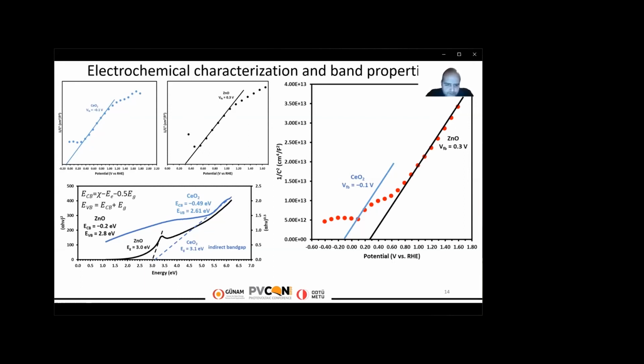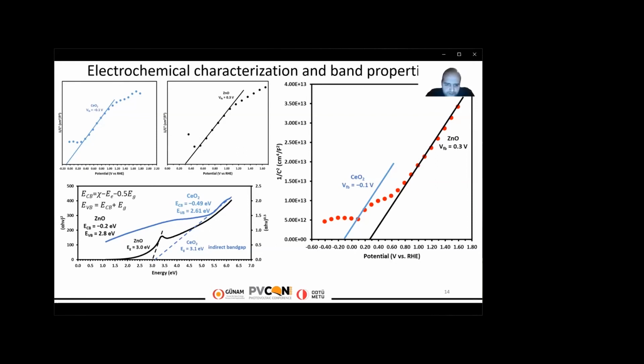The band gap of zinc oxide is found to be 3 electron volts and cerium oxide 3.1 electron volts. And we used the Mulliken electronegativity equation to calculate conduction and valence band energies of the particles. The conduction band energy for zinc oxide is minus 0.2 electron volts and valence band is 2.8 electron volts.